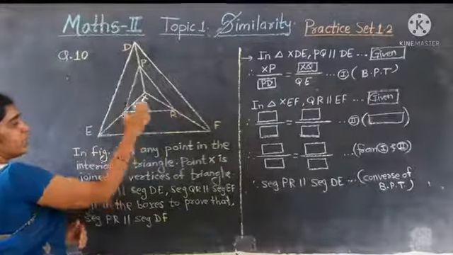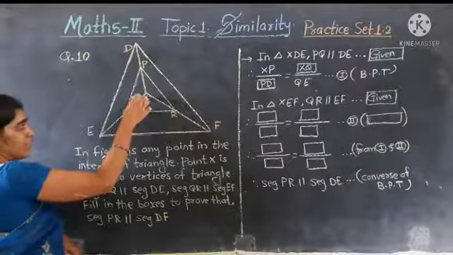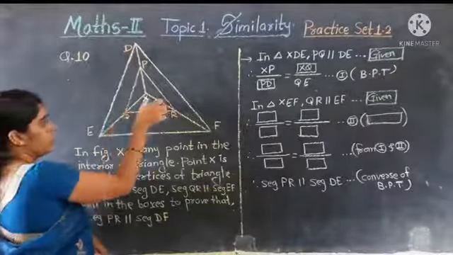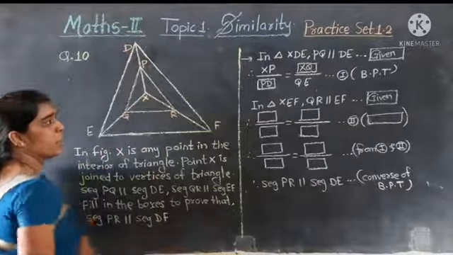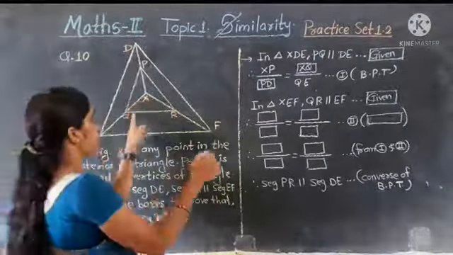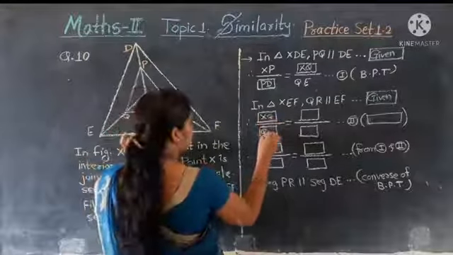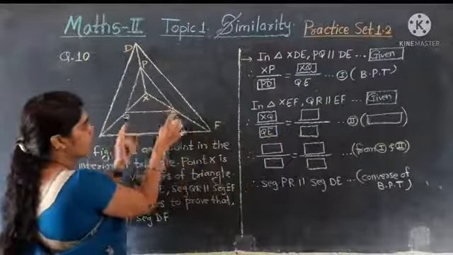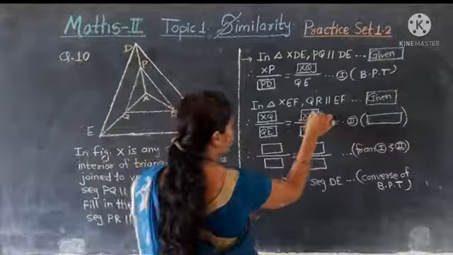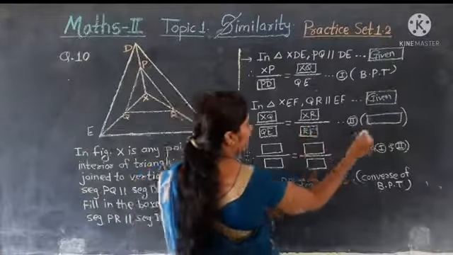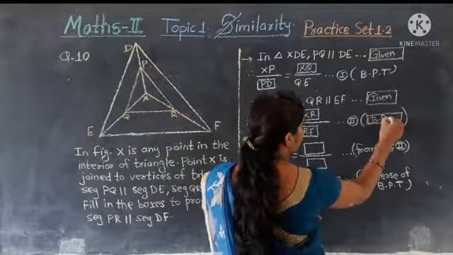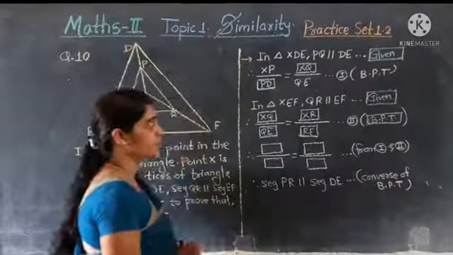These two lines are parallel, therefore the ratios are the same: XQ upon QE is equal to XR upon RF. Here also we use the basic proportionality theorem.